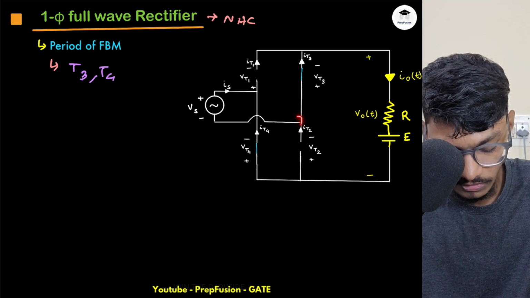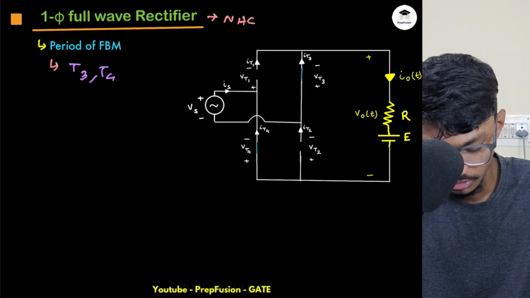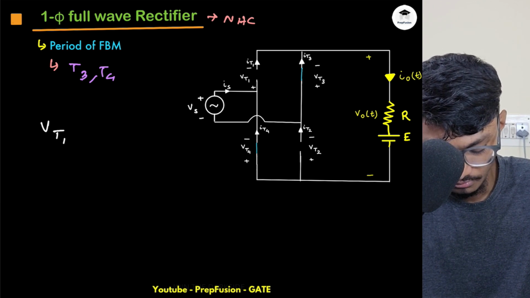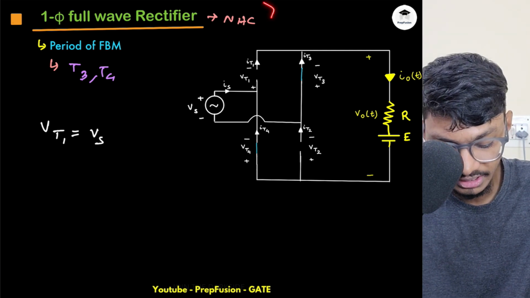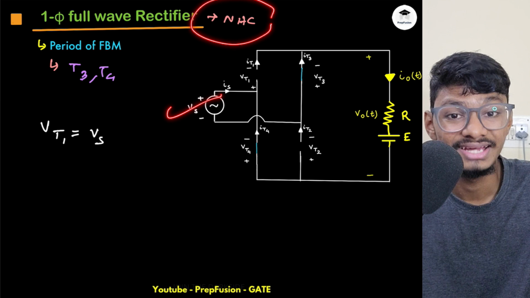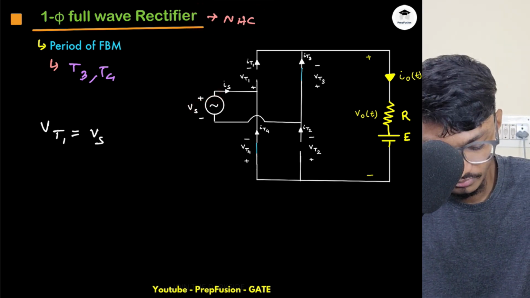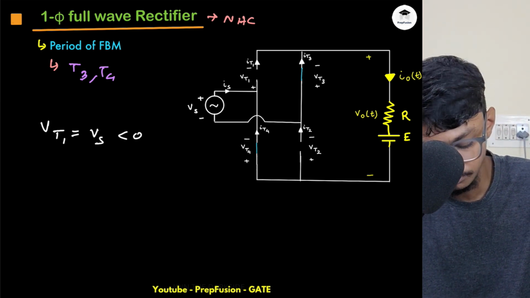Here again, if you apply simple KVL, minus Vs plus VT1 equals 0. So VT1 equals what? VT1 equals not 0, it equals Vs. Now you might say, sir, VT1 is positive, then no. Here I am in the negative half cycle, so my source itself is negative in value, so this will be something less than 0.